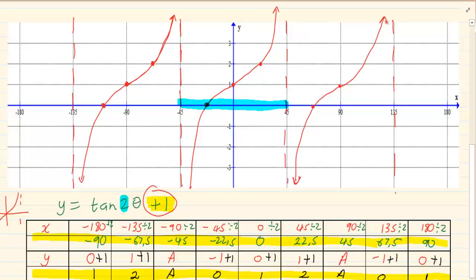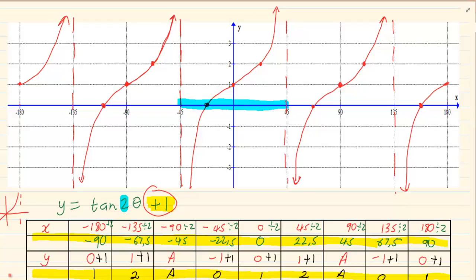Because the graphs repeat itself. If you wanted to continue here, you know it's going to be on minus 180 and it's going to go up. Here it will be on 157,5 and 180. But remember, these other points, if you continued with the table, you would get them because the pattern keeps on repeating itself.